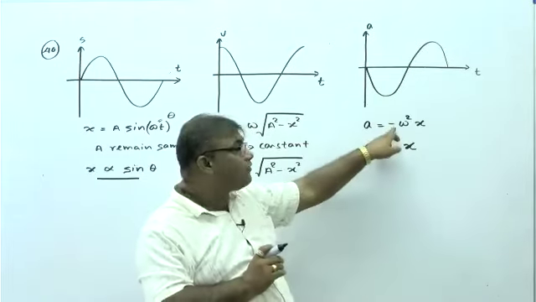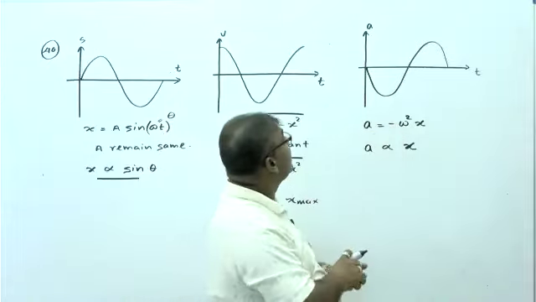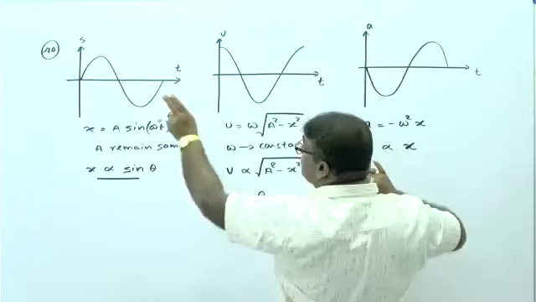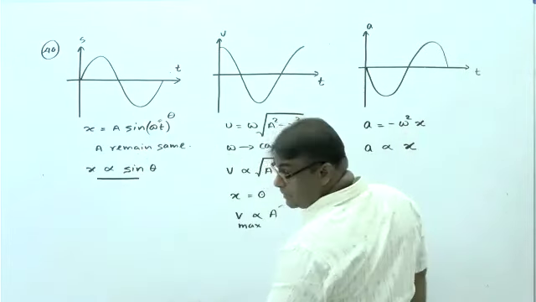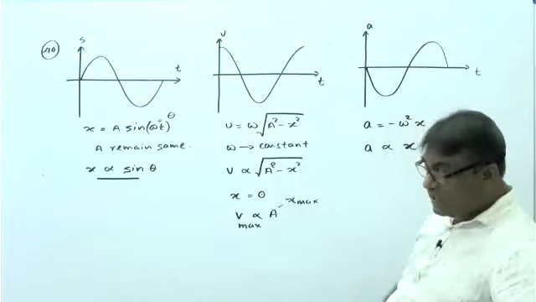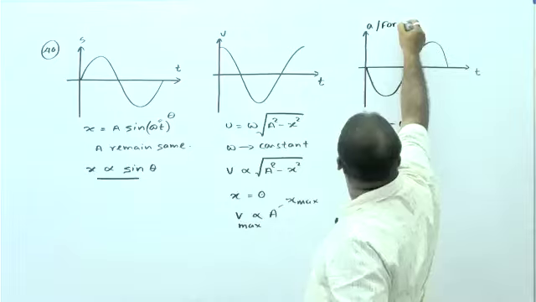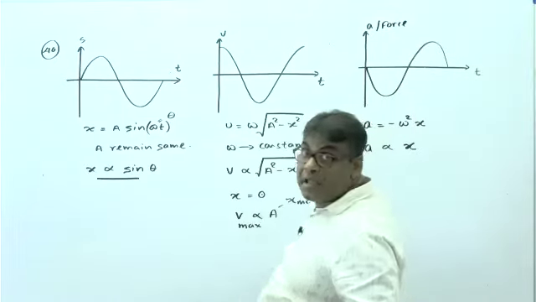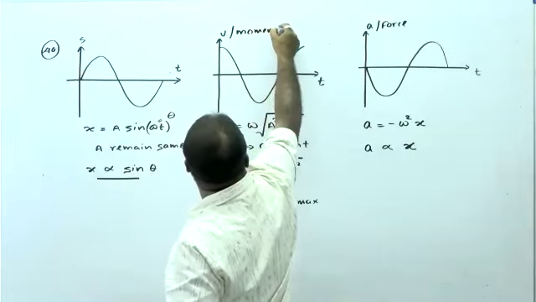Opposite signs, as in this case. So the acceleration time graph is the same as the displacement time graph, but opposite in phase. And this is the same as force against time, and this is the same as momentum against time.